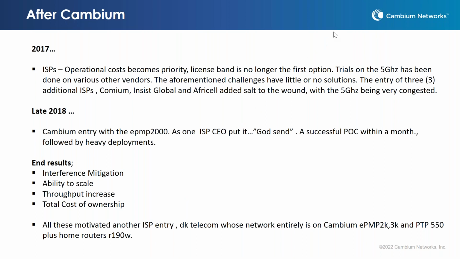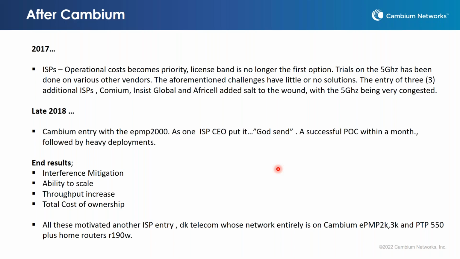So these situations, the interference issues on the 5 gigahertz that we had tested before on other vendors, the high cost of the license frequencies, and capacity led all these ISPs to look for Cambium.